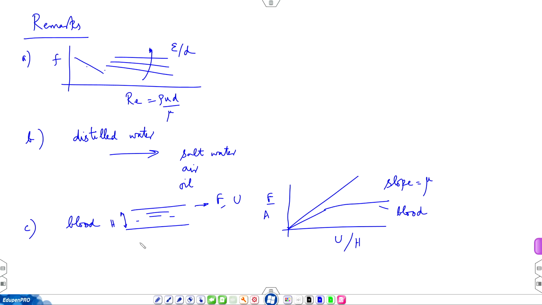So, blood is non-Newtonian, and Moody's chart will hold only for Newtonian fluids, for which there is a clear definition of viscosity.